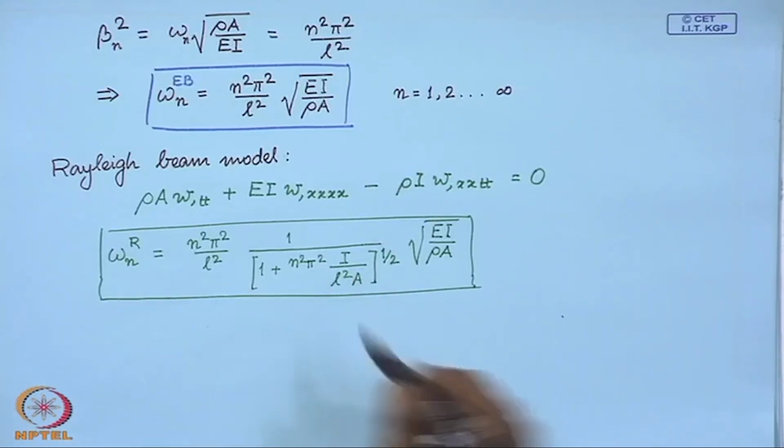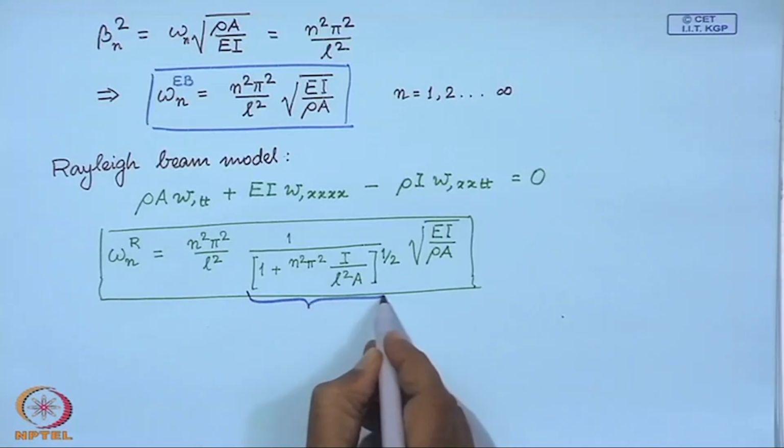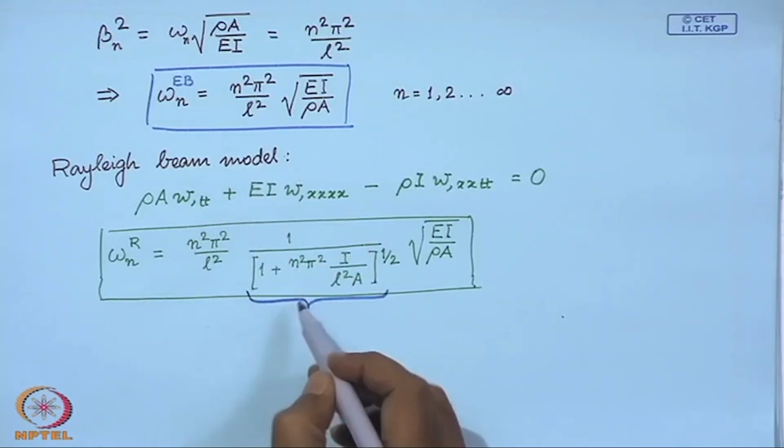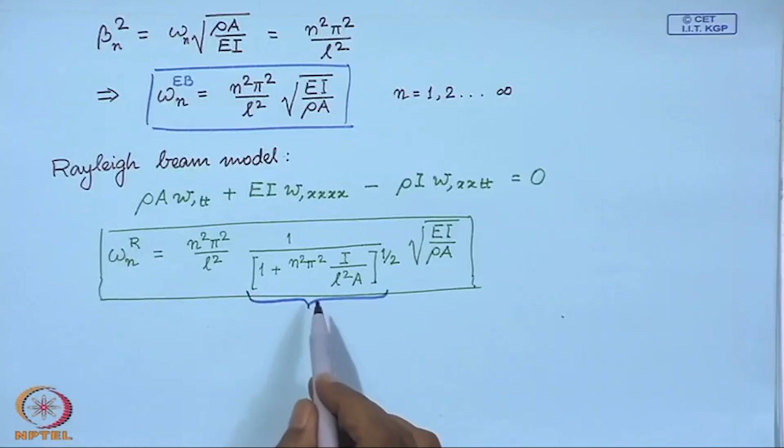So, we have this additional factor in the Rayleigh beam model, in the circular natural frequencies of a Rayleigh beam.